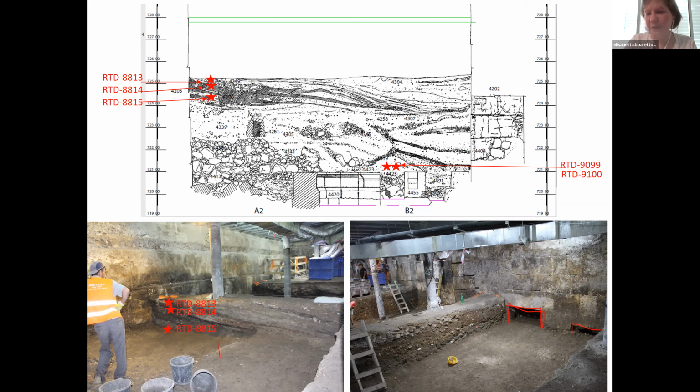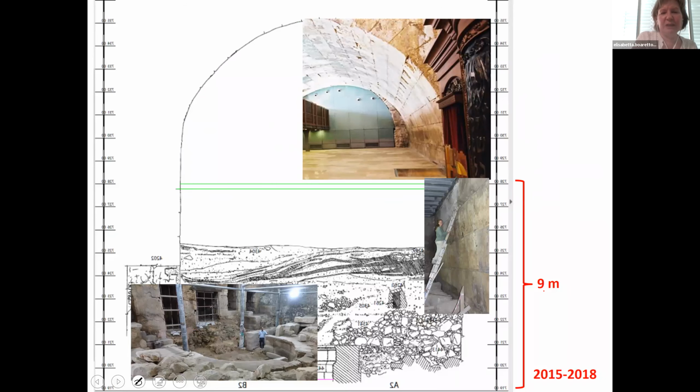These sediments, you see, fill up the room, at least up to a certain point. So at the end here, when all the 9 meters were excavated, we have the rooms or shops that were under the Wilson Arch, facing the western wall, and we have here a small theater, a small Odeon.